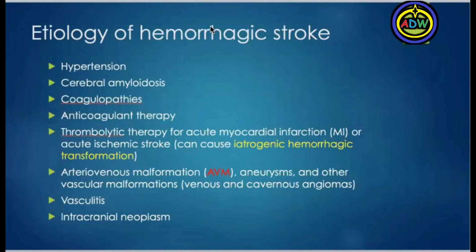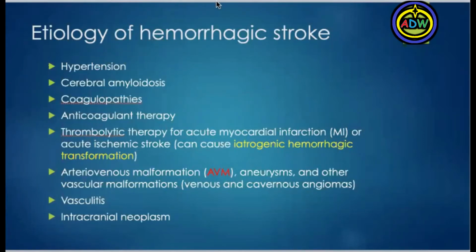And there was a group called modifiable risk factors, and there were a lot of risk factors which can be changed. So etiology of hemorrhagic stroke, first of all, is hypertension.